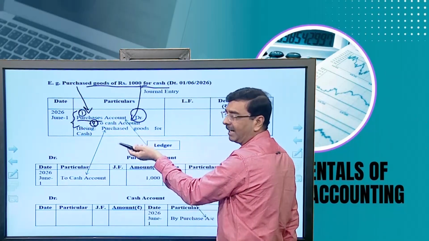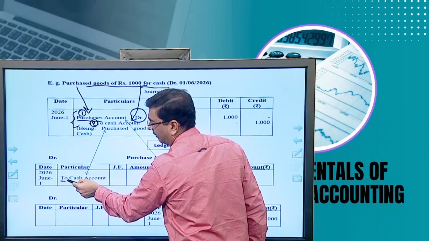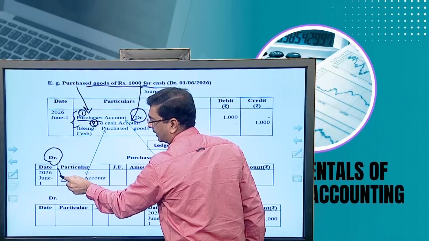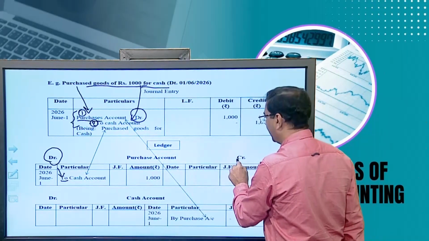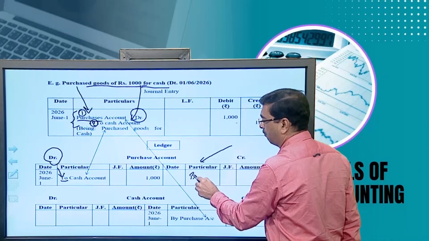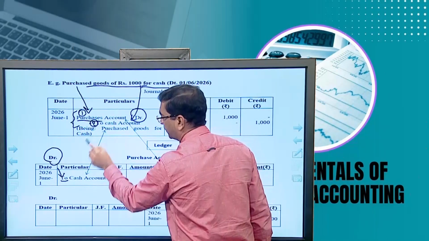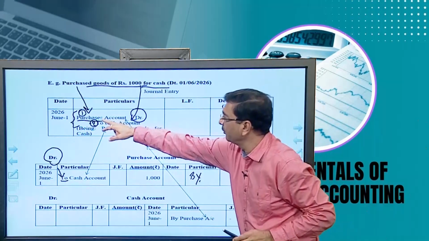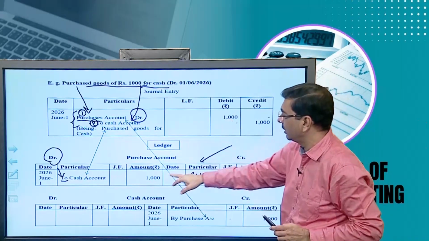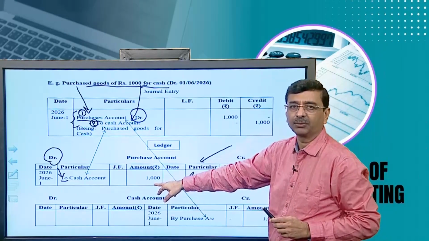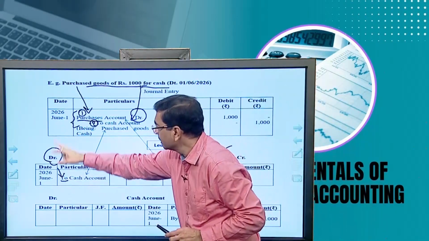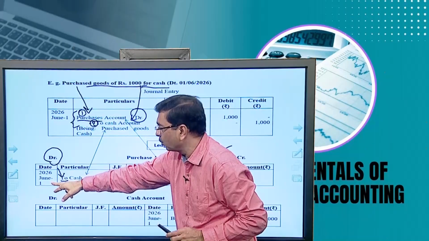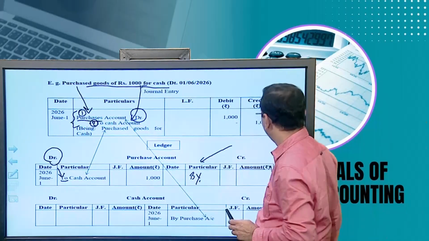The corresponding name is cash, and when you are posting on the debit side, it is written "To". When you are posting on the credit side, it is written "By". So here it is posted on the debit side, "To cash account". The amount in front of purchase is how much? 1000, so 1000 will be written here. So the date is 1st June 2026, To cash, 1000 rupees.